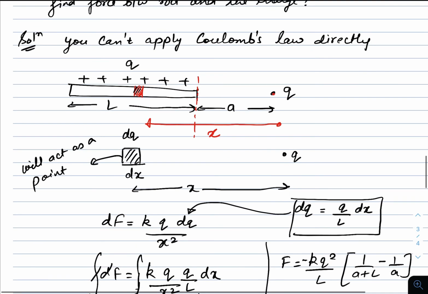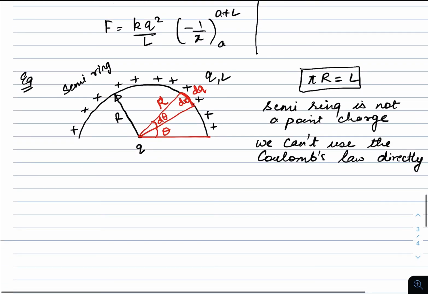You can see this object is at a distance a from this charge q. Say this point is b, and say this is a. So the point a of the rod is at a distance a from q, and point b is at a distance a plus l from q, right? So the distance is varying, that's why we integrated according to the distance. But now here the angle is varying.